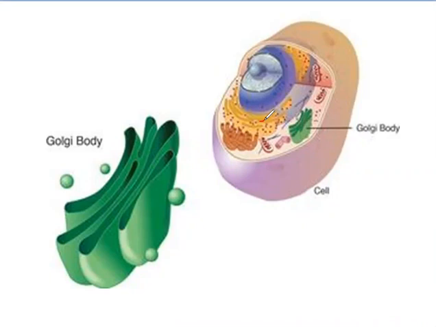Now I'm going to continue with the other organelles, and the next organelle will be the Golgi body. As you can see, the Golgi body is made of sacs, and each sac appears as a flat sac and each sac also has its membrane and it has also a lumen inside the sac.